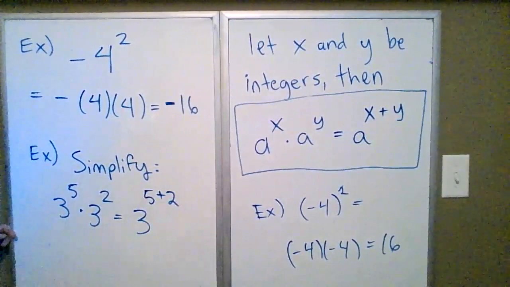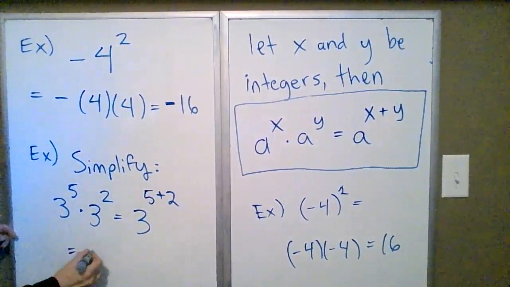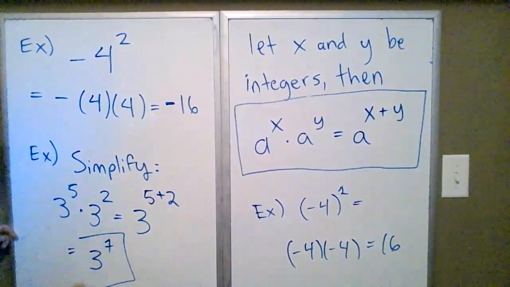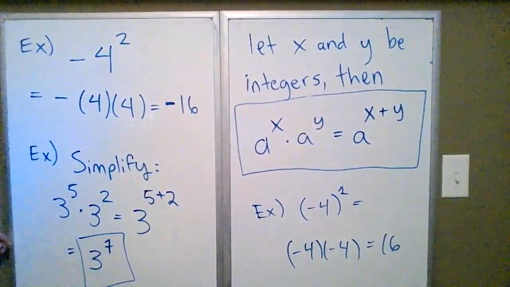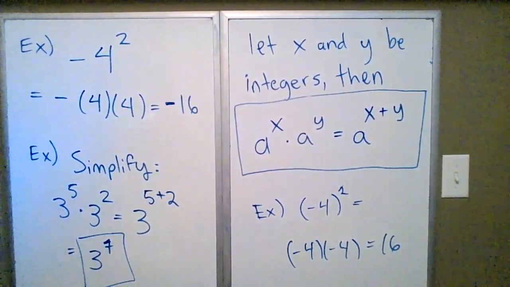It's 3 to the 7th. Next one is 5 to the 4th times 5 cubed times 5.